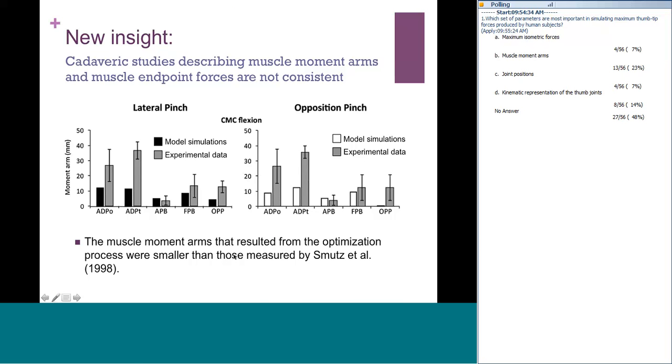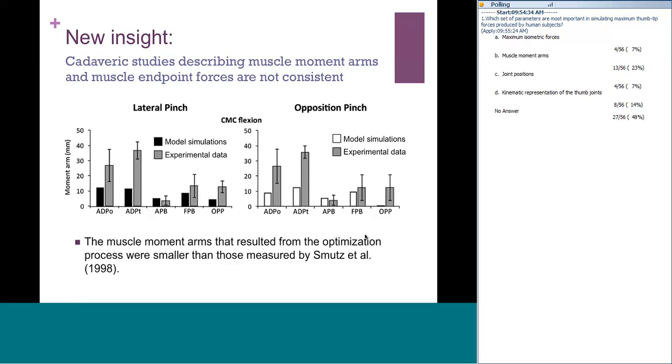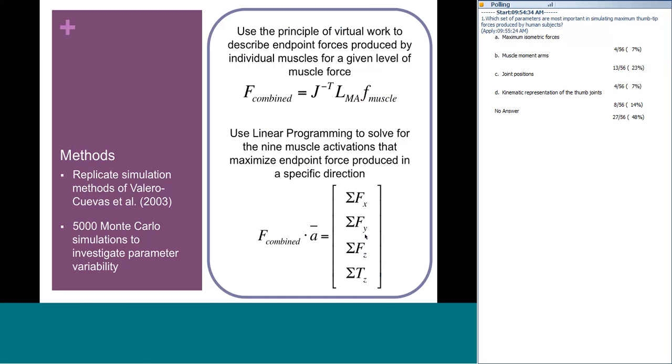So given that previously we had a model that over-predicted the endpoint forces, and now we've placed the endpoint forces where the cadaveric data is, it seems like we're going to further underestimate the endpoint forces when we combine all of the muscles to replicate Francisco's study.